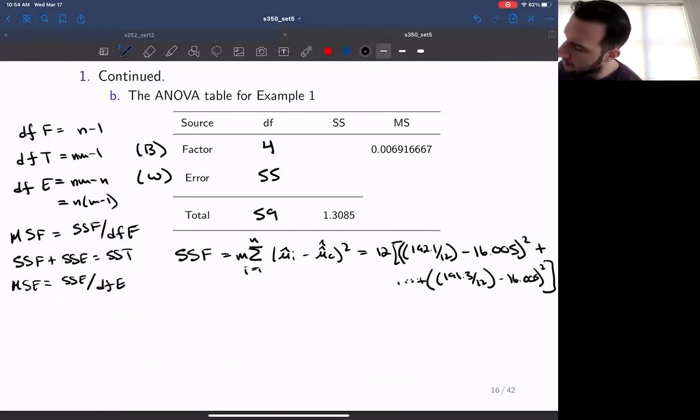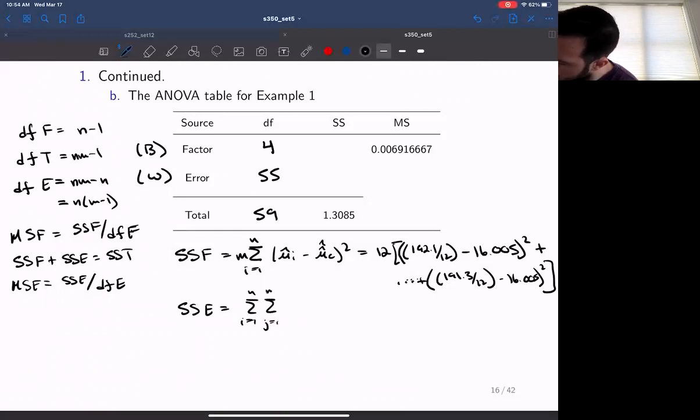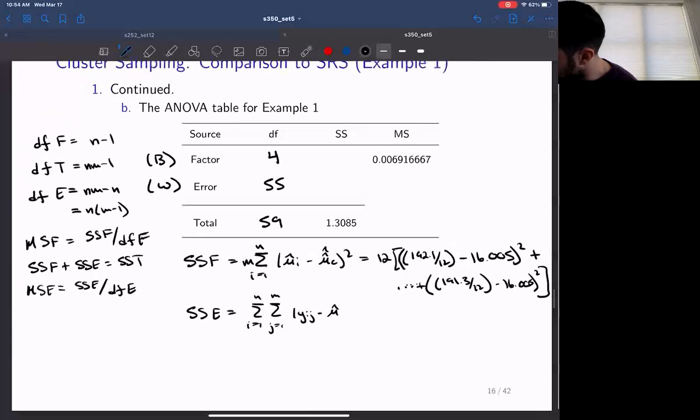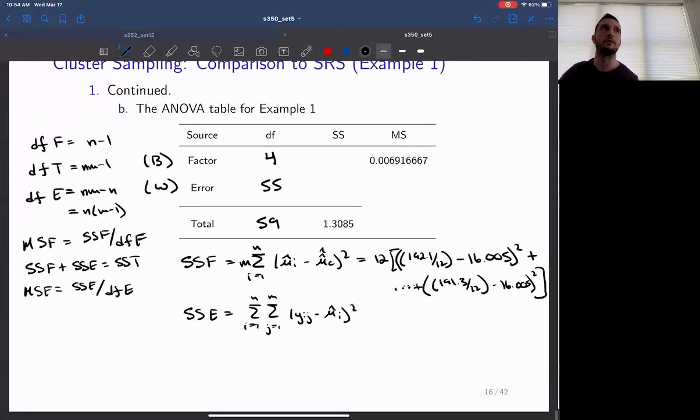All right, so the SS error is going to be found by taking the sum from i equals 1 to n and the sum from j equals 1 to little m of each y_ij minus mu hat i for each of the different clusters. Okay. And then this one is basically going to take each of the values from the actual cluster sample and then subtract off the mean.